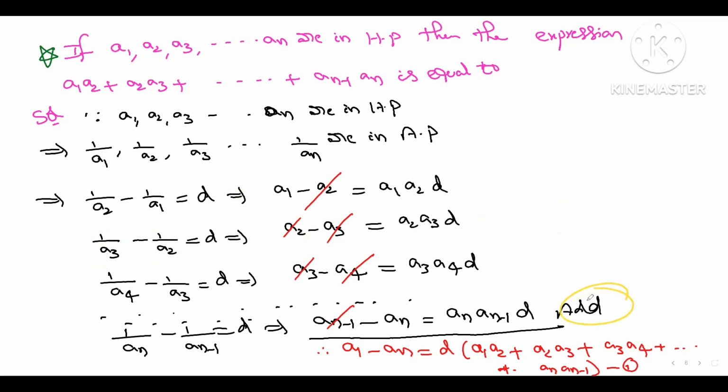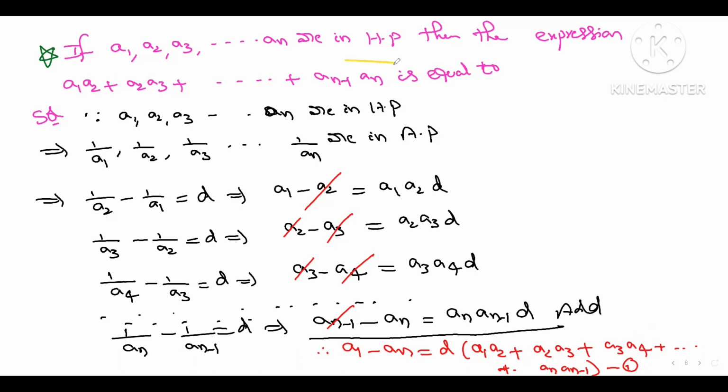After that, adding all equations, here A2 A2, here A3 A3, here A4 A4, like that An minus 1 also cancelled. What we get here? First term A1, last term minus An is equal to D times, on the right side D taken out common here, D times A1 A2 plus A2 A3 plus A3 A4 and so on An minus 1 An.